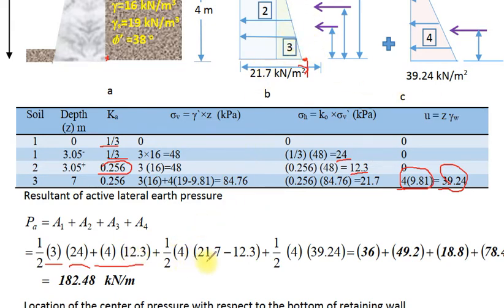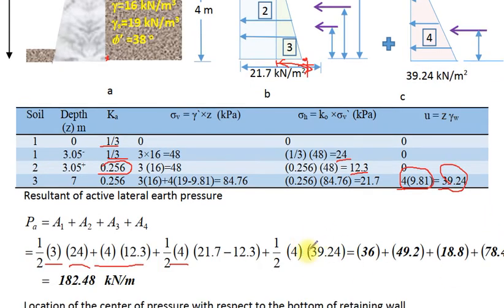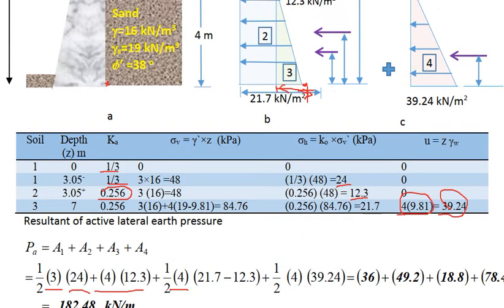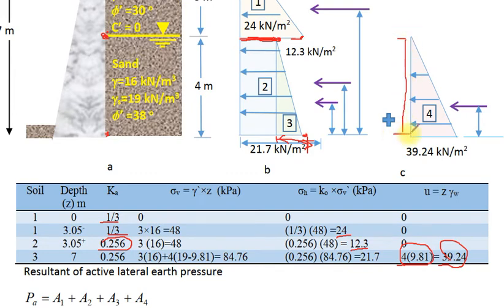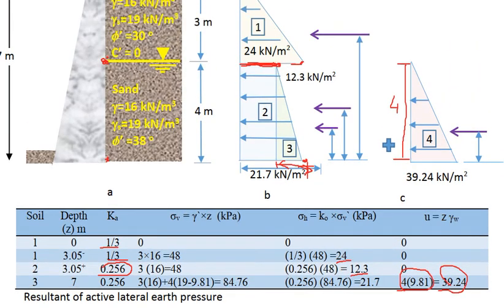The third is a triangle: 1/2 times 4, the height of the triangle, times the difference between 21.7 and 12.3, plus 1/2 times 4 for the fourth zone, 4 meters times 39.24. This gives 182 kilonewton per meter, the resultant of all the lateral earth pressure, the force applied in the active case.